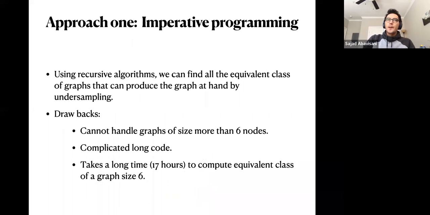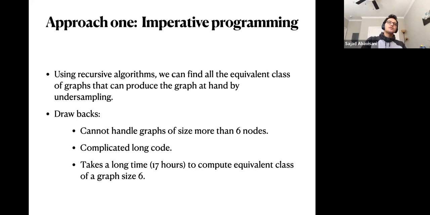Okay, so one approach to solve this problem was using a recursive algorithm that would first find all the possibilities of the initial graphs, then search over that whole space, and using some mathematical facts that we have, prune the search space, and finally find several candidates that could have produced this undersampled graph.